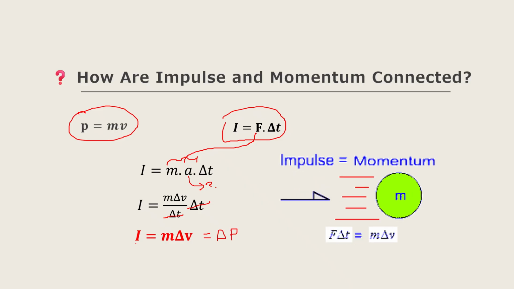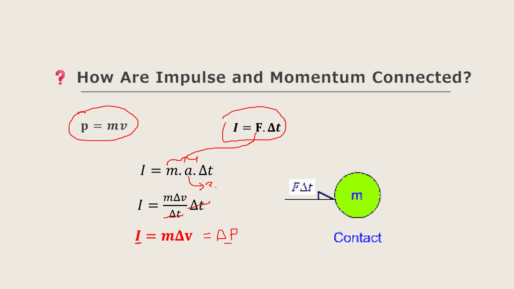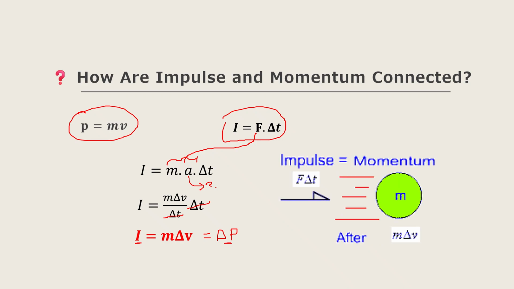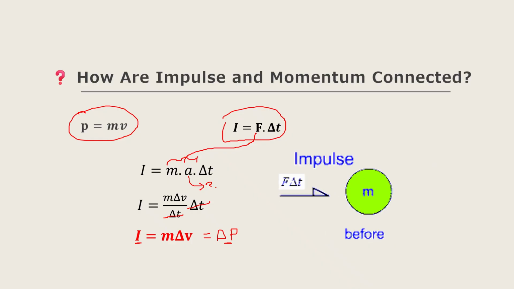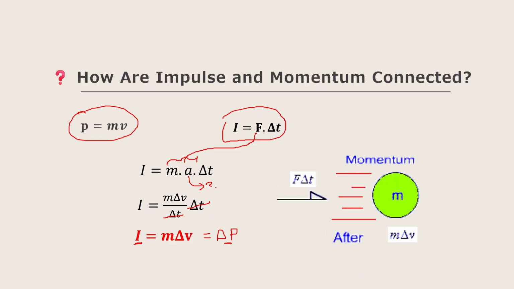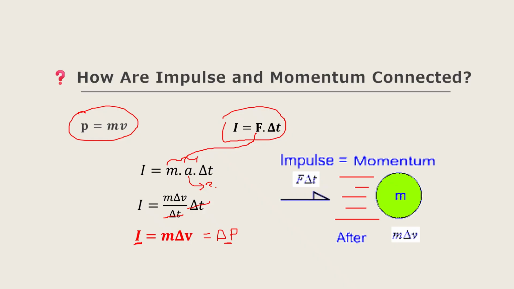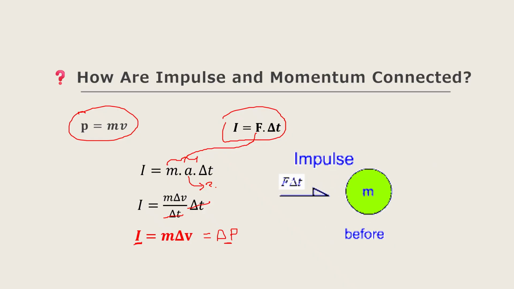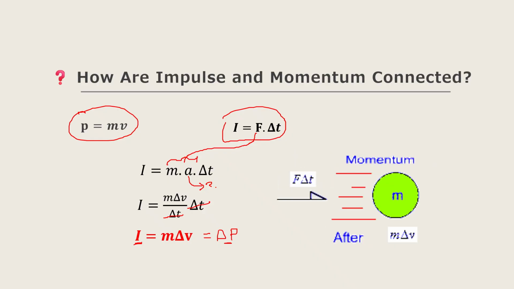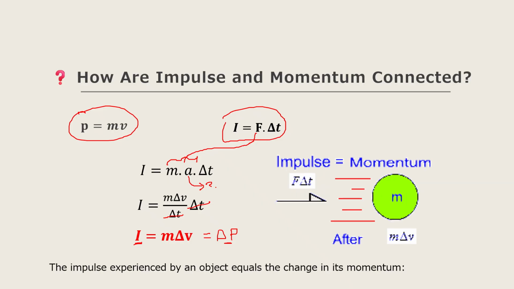So impulse is actually the change in momentum. If there is a change in momentum, there is impulse, there is a force applied on that object for some period of time. So impulse and change in momentum are the same thing.